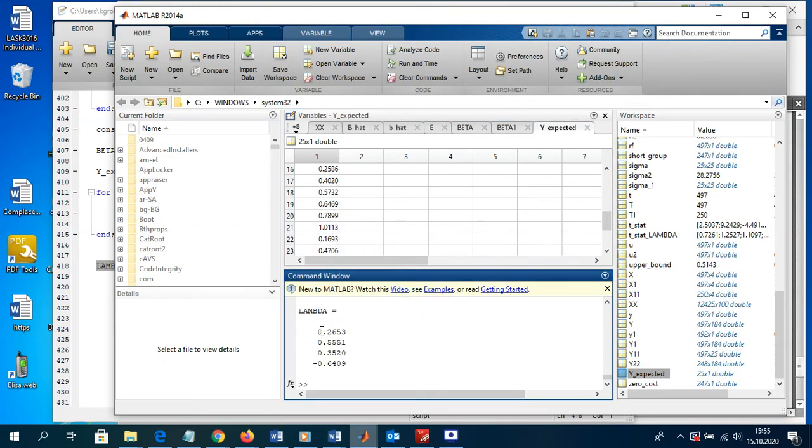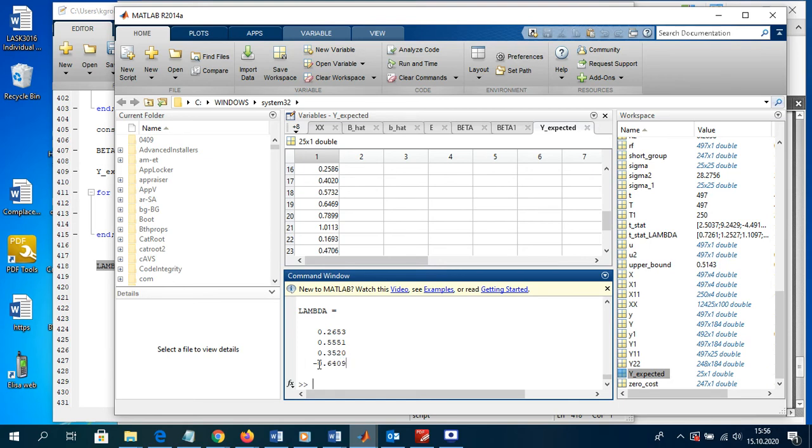What we see is 0.26, which is the part of the expected returns that is unexplained by the average risk premiums related to the market factor, size factor, and value factor.